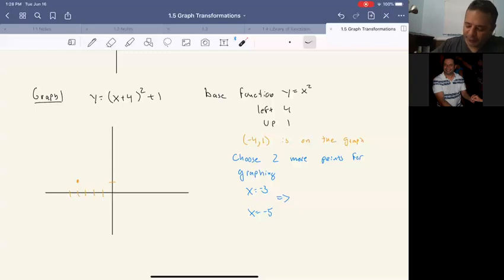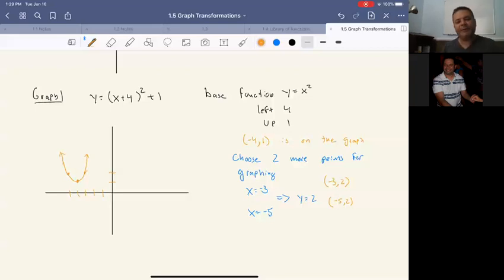So both of these give me y equaling 2. Okay, so the points -3, 2, -5, 2 are on this graph. And that gives me enough to graph the parabola with MyLabs Plus.